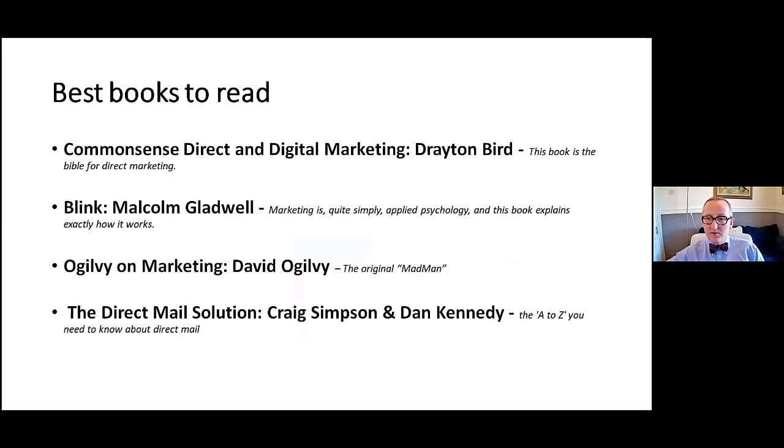Common Sense Direct and Digital Marketing by Drayton Bird and David Ogilvy on Marketing are in many ways linked. The two of them largely created an advertising agency in the 60s called Ogilvy and Mather, which was considered to be the most progressive and forward-thinking of its time, and influenced the TV program Mad Men.